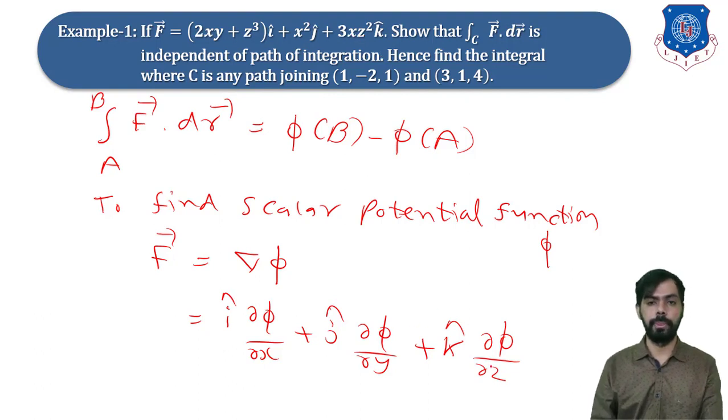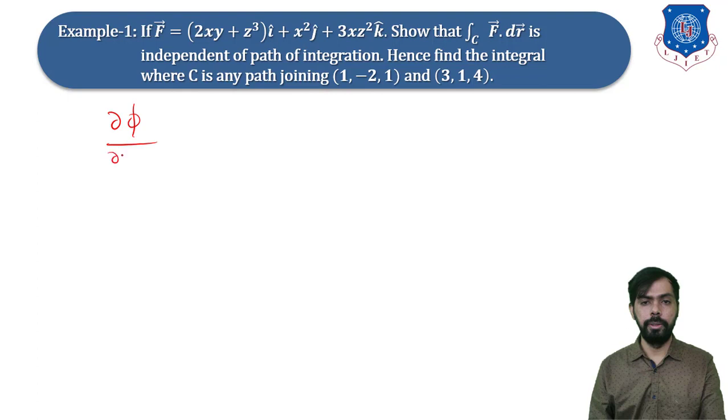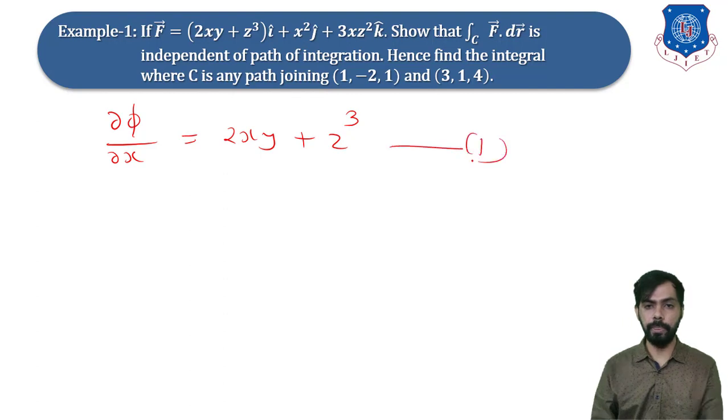Therefore here del phi by del x will be 2xy plus z cube, and suppose this is equation number 1.